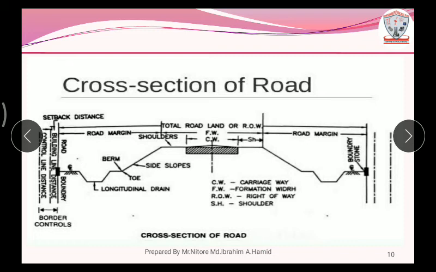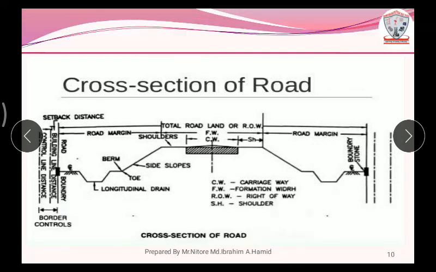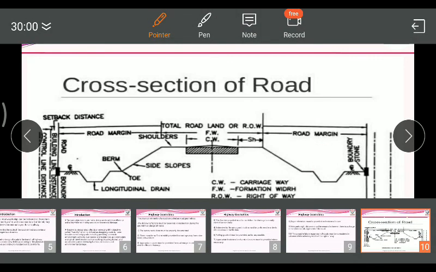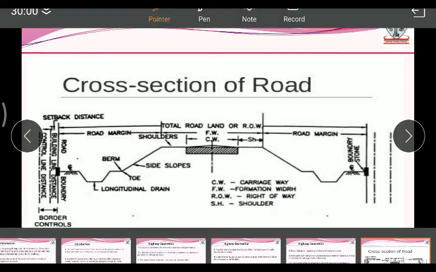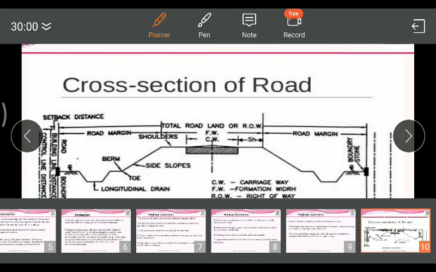Now we will see the rest. This is drain, this is side slopes, this is setback distance, this is building line distance, this is boundary, this is also boundary stone, this is shoulder.